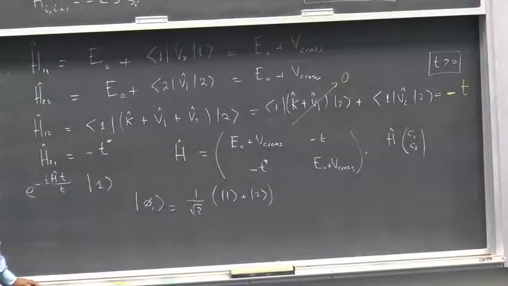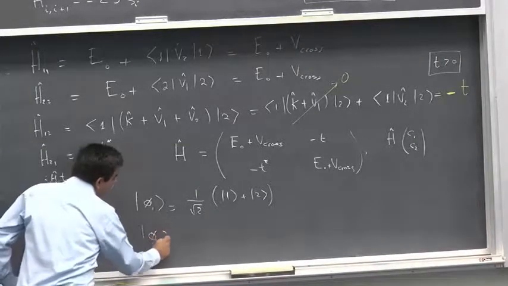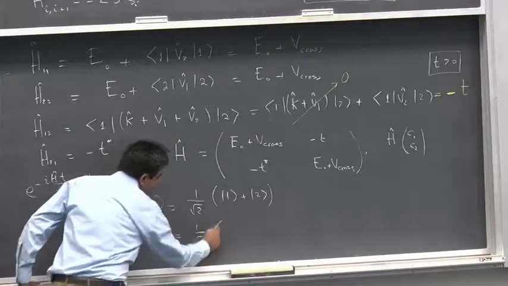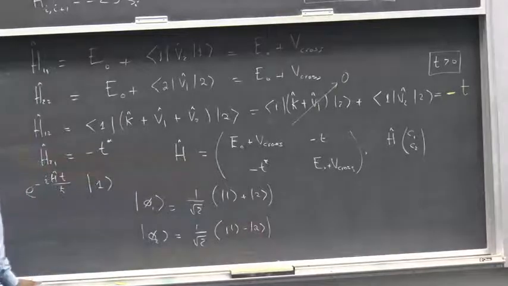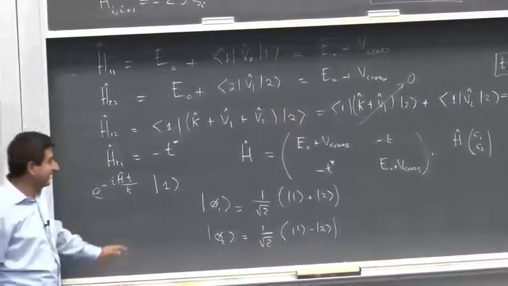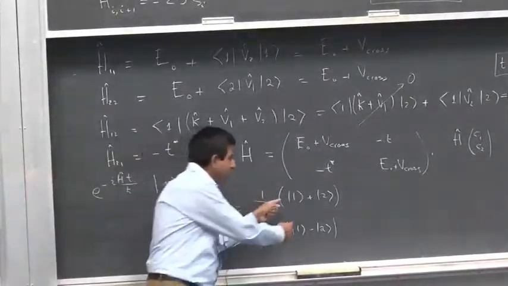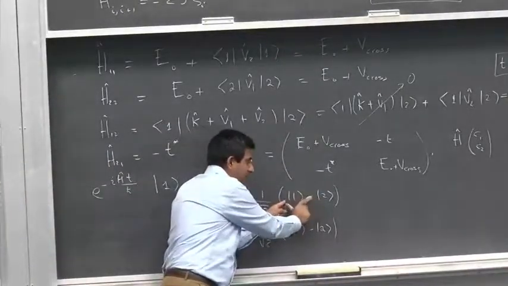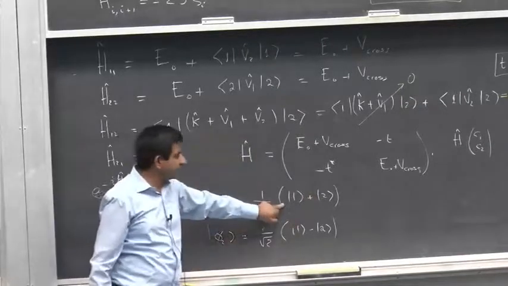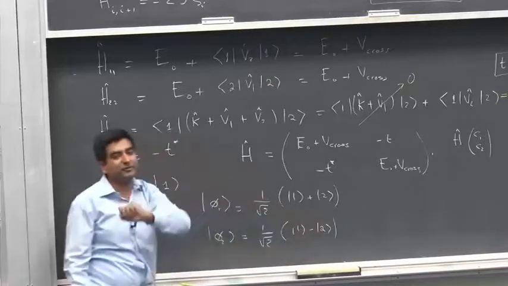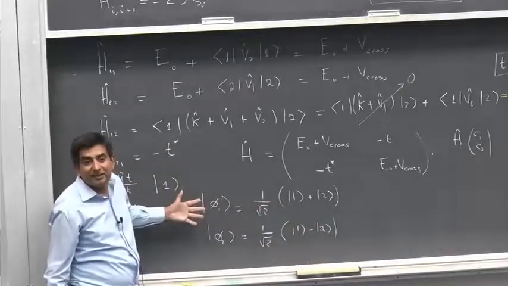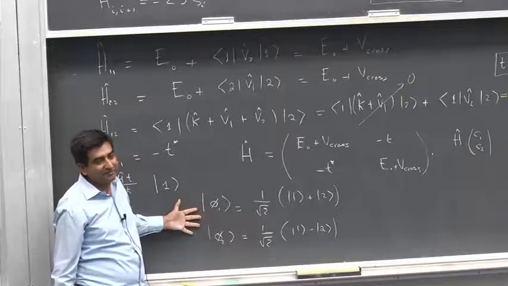This is one eigenstate for the Hamiltonian. The other eigenstate is 1 over root 2 times ket 1 minus ket 2. This is a linear combination of atomic orbitals with precise values of these coefficients. These are the two eigenstates of the system for the hydrogen plus molecule.